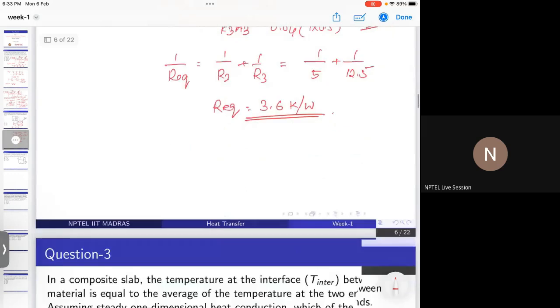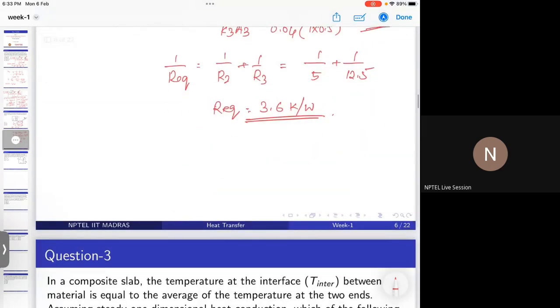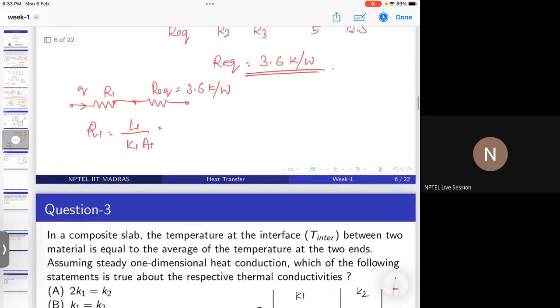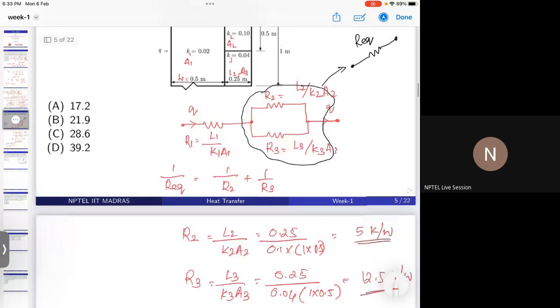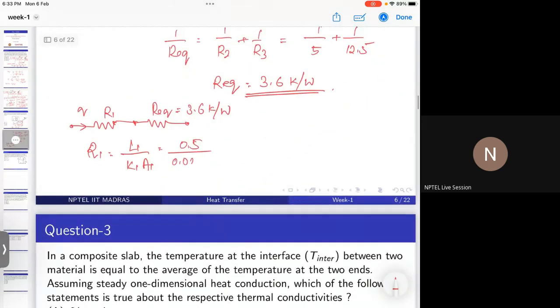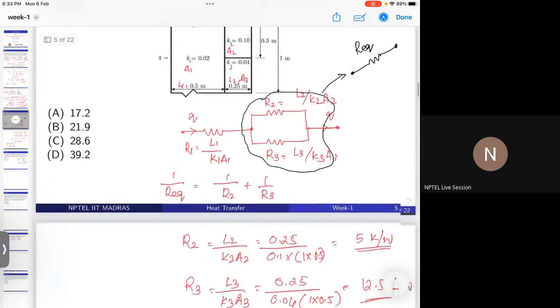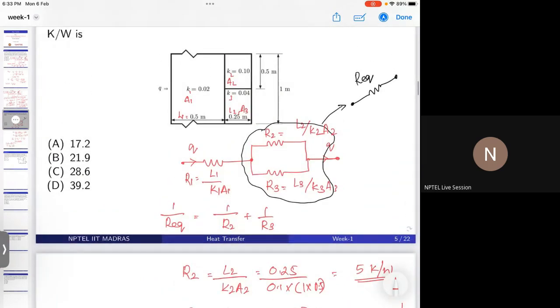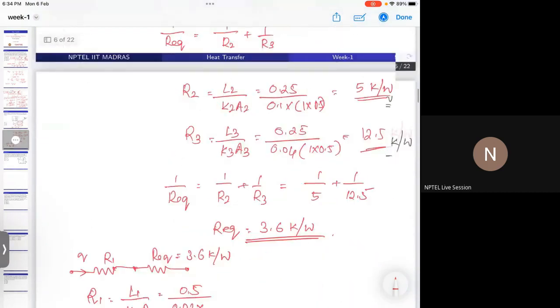Okay, so now we have reduced the network to two series resistances, R1 and R equivalent. R equivalent we already know, 3.6 Kelvin per watt. What is R1? It is L1 divided by K1 A1, where L1 is 0.5, K1 is 0.02, and A1 is 1 into 1.